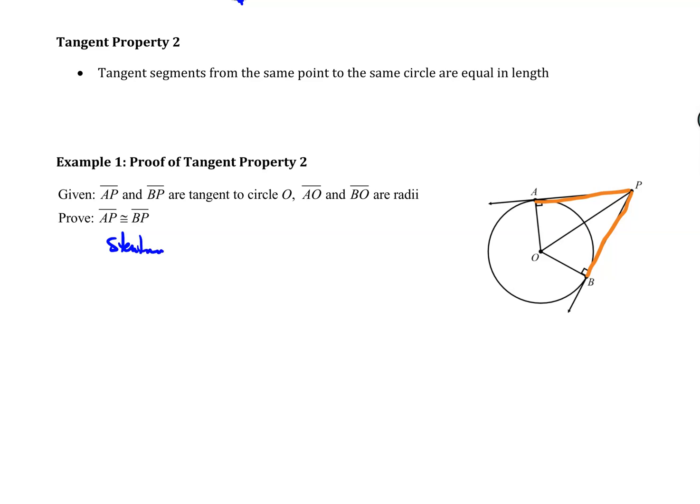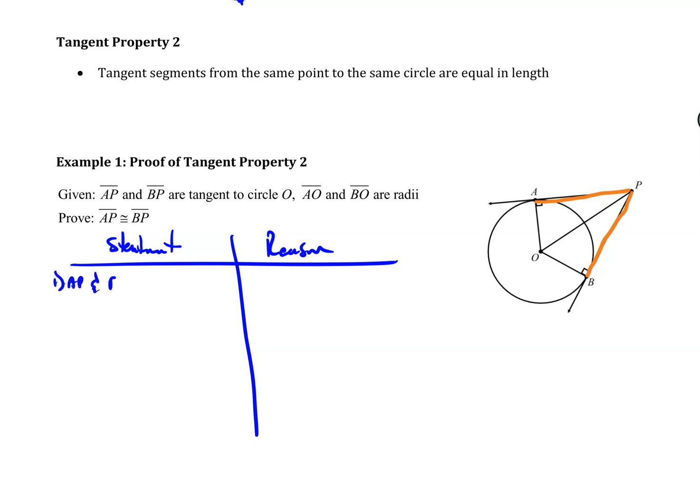So, statement, reason, and let's prove that this is in fact true. What do we know here? Basically, if I can prove these two triangles congruent, then I can show their parts are equal. First, we have that AP and BP are tangent to circle O. That's a given.